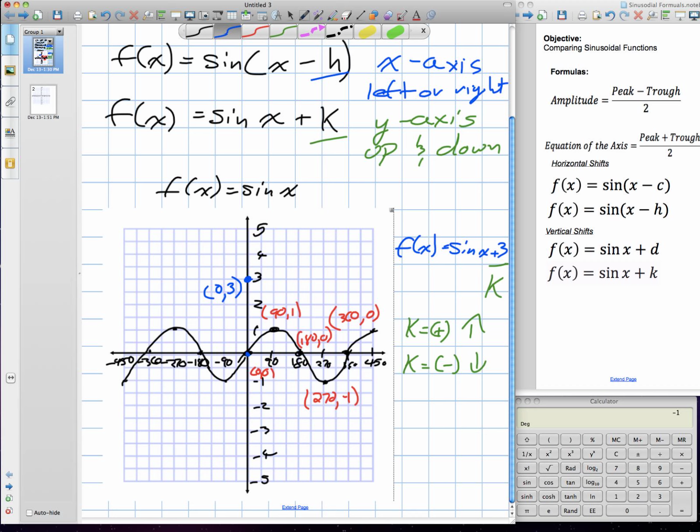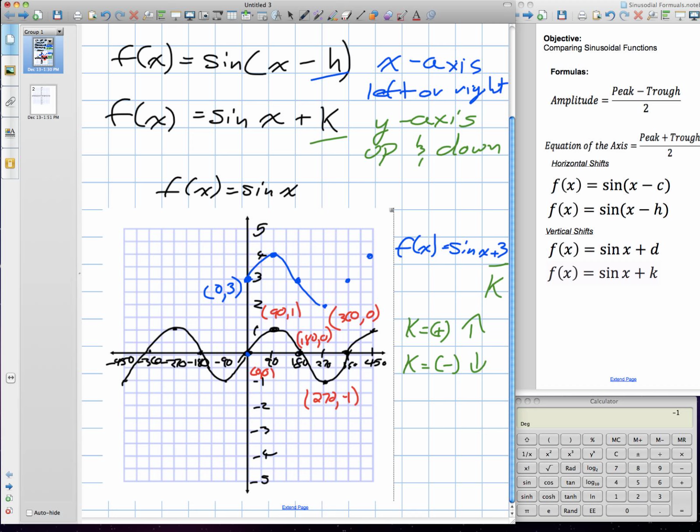Okay? So we had 0, and 0 plus 3 is 3. So we've moved one of the points up 3 units. We could do the same thing from there. 90 and 1, because my y value is 1, if I add 3 to it, I'm now at 90 and 4. 180 and 0, 0 plus 3 is 3.